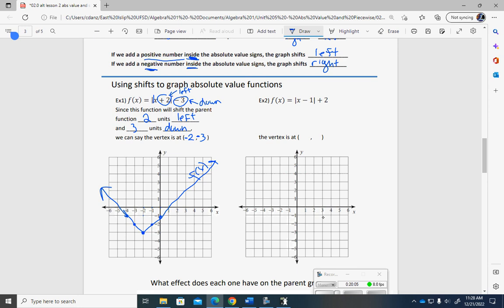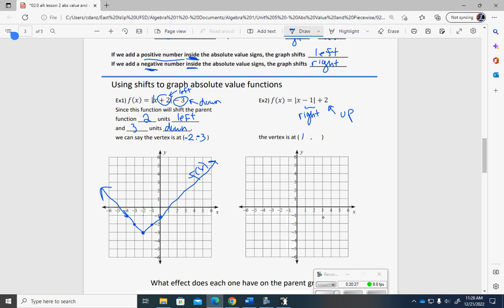So let's try again. Let's make sure we've got this. This shifts to the right, and this will shift up. I'm hoping you answered my questions. So to the right one is a positive 1.